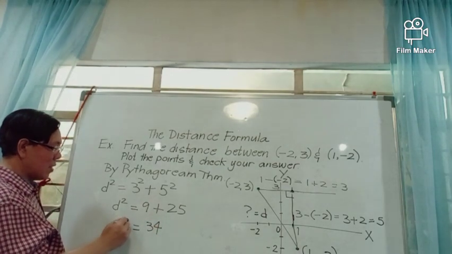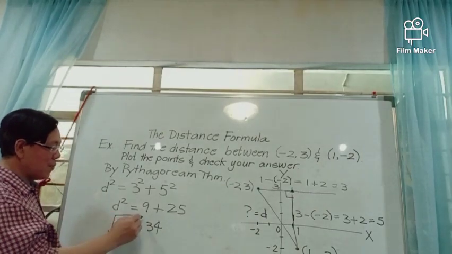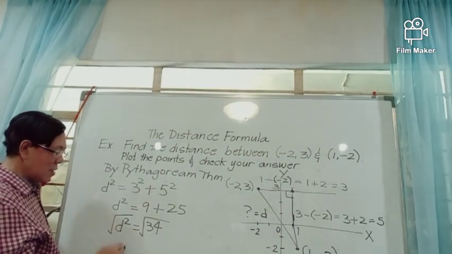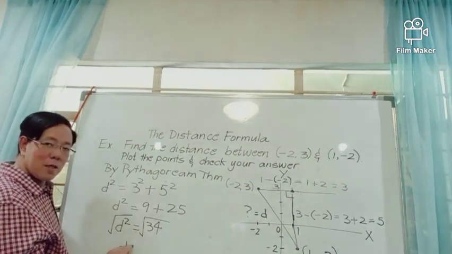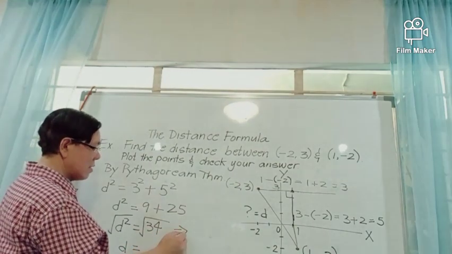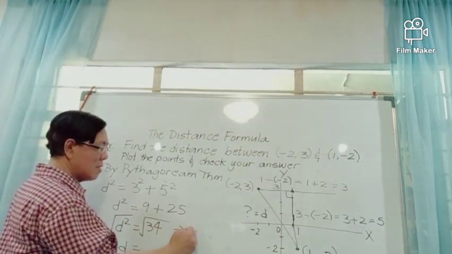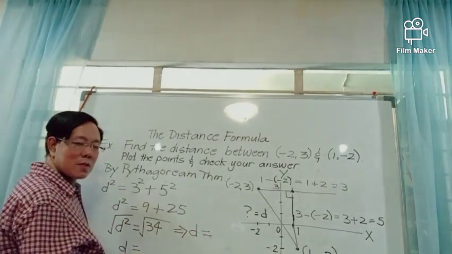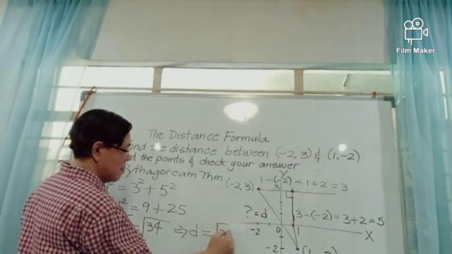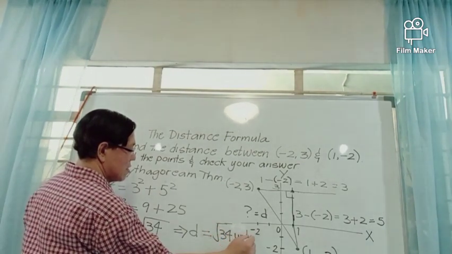And that is the square of D. And to find D, we extract the root of both sides. The square root of D squared is D, equals the root of 34. We simply say units.